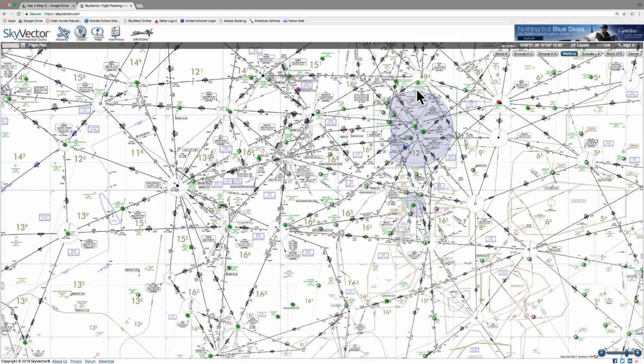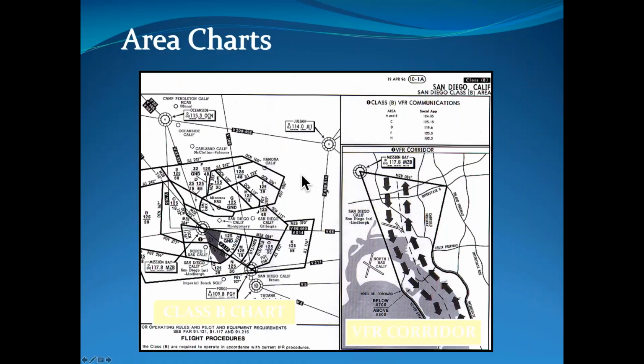Area charts, and these Class B airspace charts and the VFR corridor charts. For dispatch sake, we never get down to this level of detail. This is all something that is very pilot specific, and I don't know that I've seen a pilot in recent history use either one of these charts.